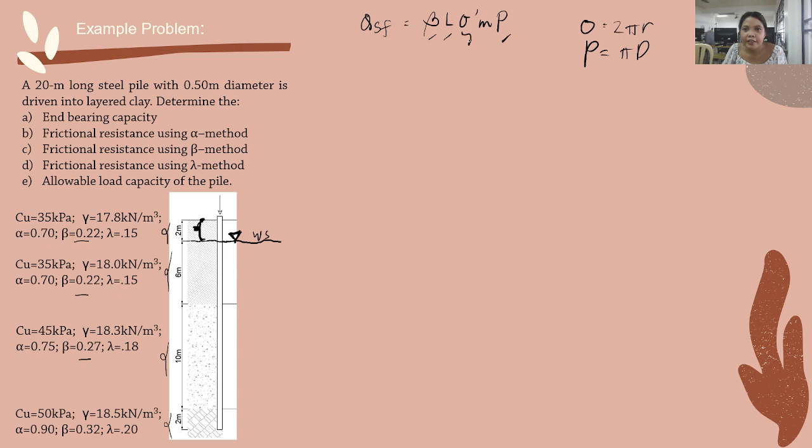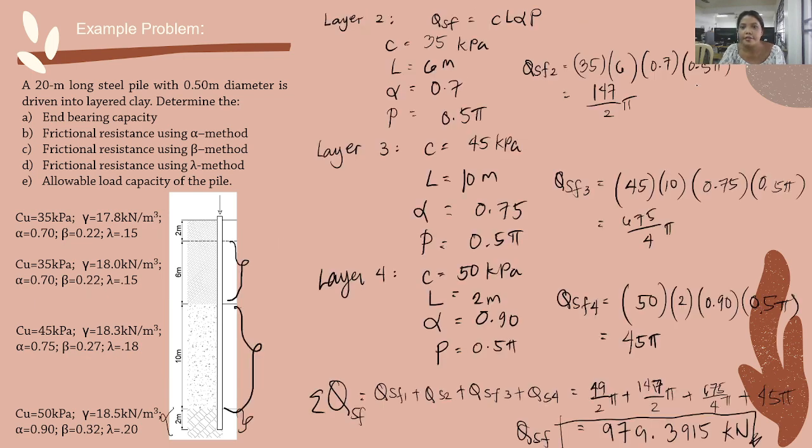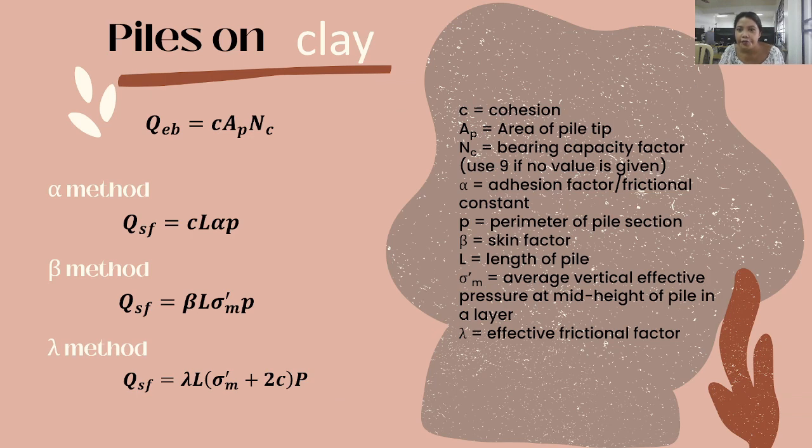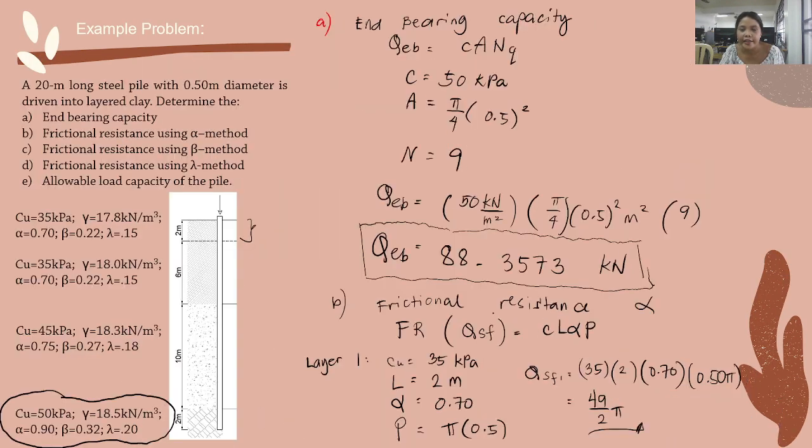Ang problema na lang natin is sigma prime M. And sigma prime M is the effective pressure at mid height. Diba? That is average vertical effective pressure at mid height of pile in a layer.